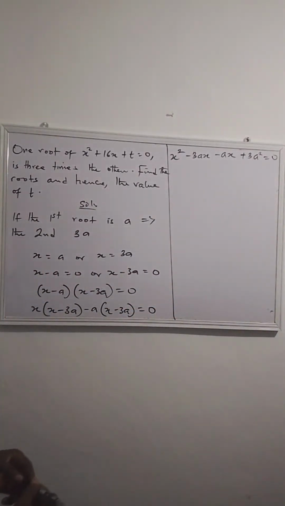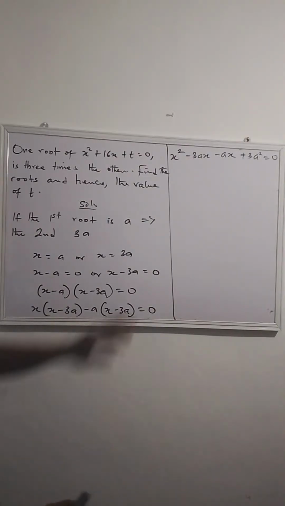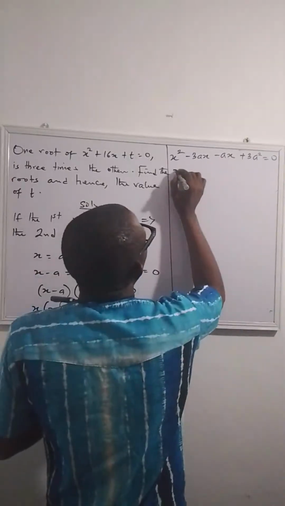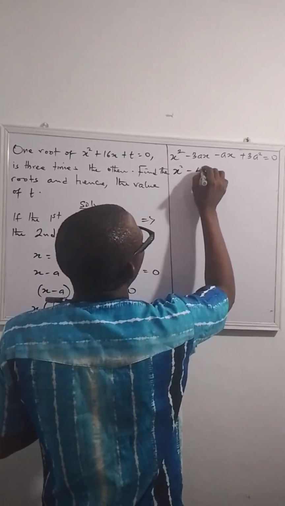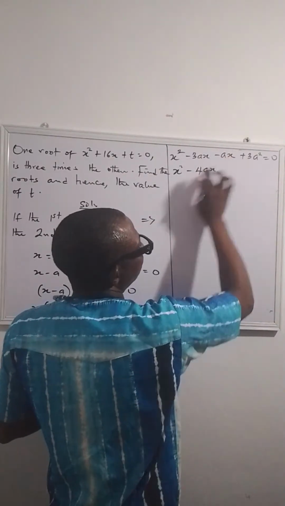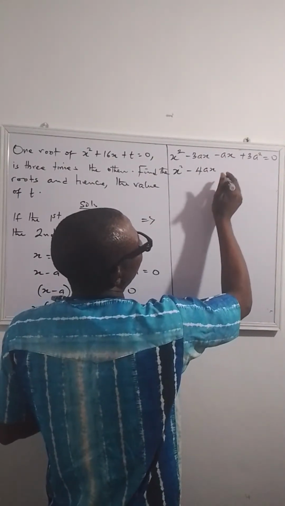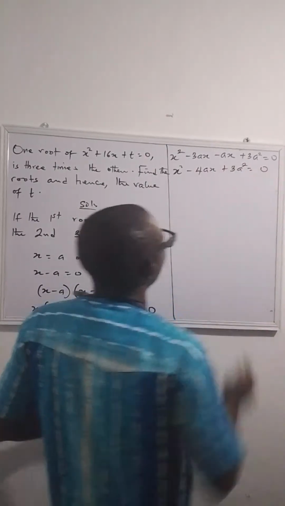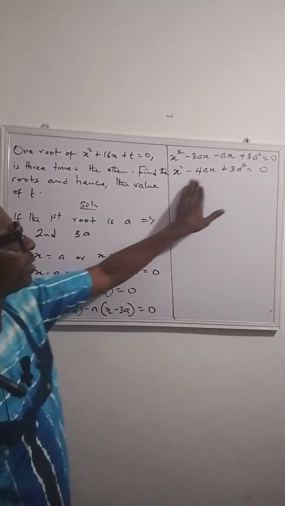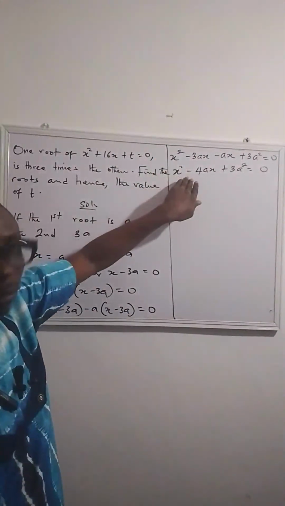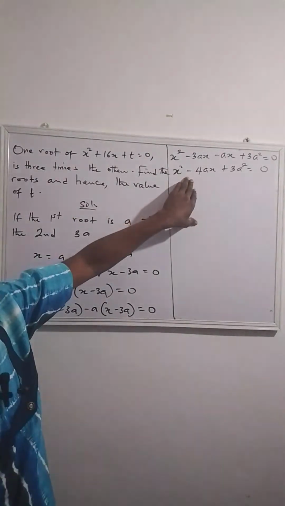All right, so now let's tidy up what we have here. We have x squared minus 4ax, this minus 3ax and minus 1ax gives us minus 4ax, plus 3a squared equals to 0. All right, so this is the quadratic equation whose one root is 3 times the other.